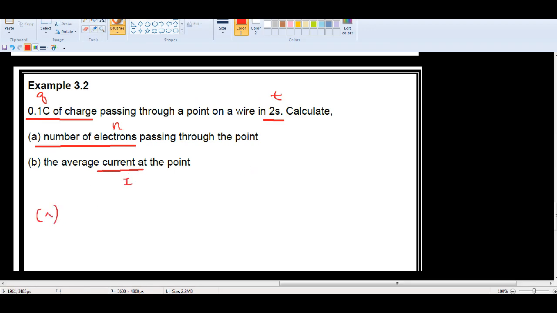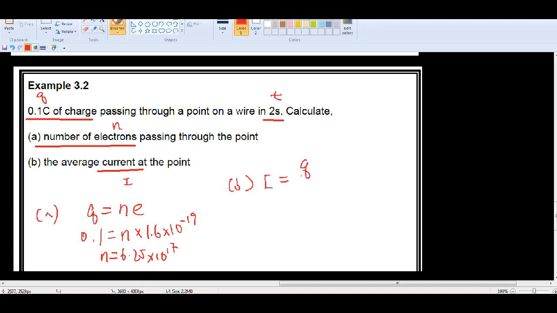Alright, so let's do it. So number of electrons, 0.1. Okay, so let me write more properly. Okay, second one, you need to find the current, so the unit will be ampere, right?